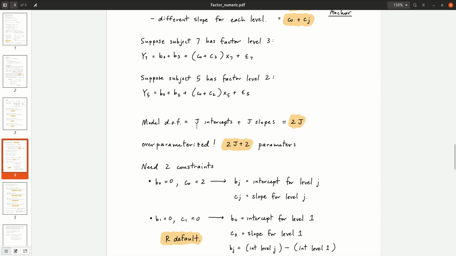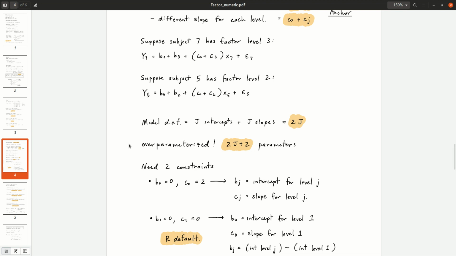So there are going to be capital J intercepts and capital J slopes needed to specify the model, which means the model degrees of freedom is 2 times capital J. Okay, so we can figure out the model degrees of freedom without thinking about the mathematical representation of the model, just thinking of it as a model that's linear as a function of the numeric covariate, and each level gets its own line.